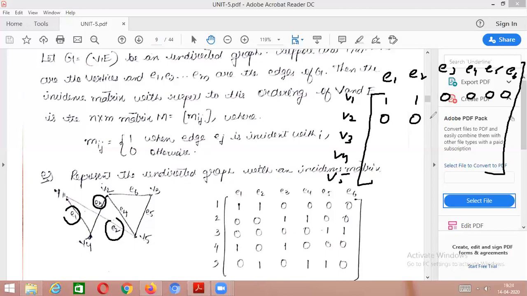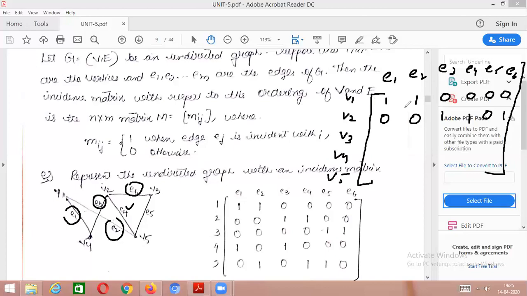Yes, 1. E4 added? Yes, 1. E5 added? No, 0. E6 added? Yes, added here. So what is the value? 1. Like this, we can write all the zeros and ones for the vertices and edges.